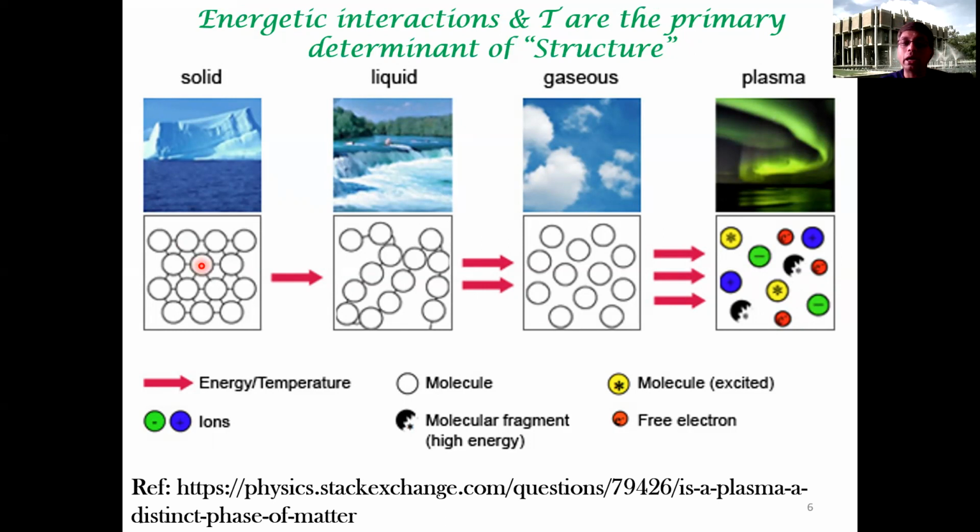If that interaction is much higher than the temperature of the system, then it will be a solid. But if the temperature, which is a measure of energy, is much higher than 8 epsilon, then you will have a gas. If the temperature is approximately equal to 8 epsilon, then you have a liquid. If there are more questions on this, of course, we can take it up in the discussion hour.